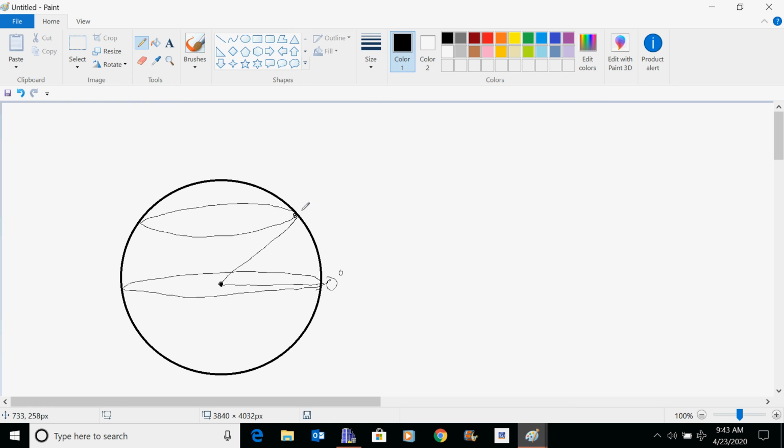This looks like about 35 degrees. Because it's a sphere, the 35 degrees comes out to all these different spots along this circle. So 35 degrees north latitude would be the same level all the way around the globe.